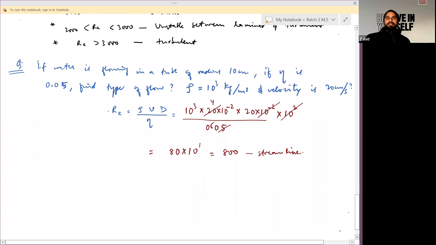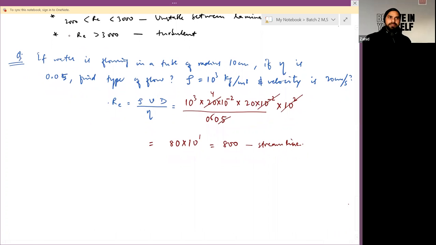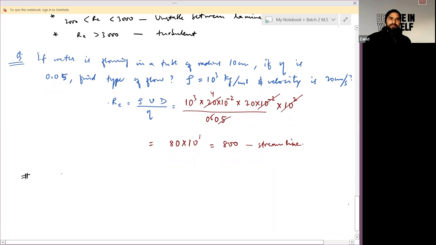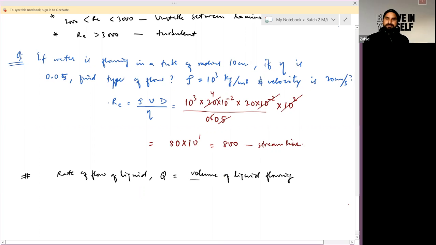Now there is some other relation to find the Reynolds number in some other way also. There's a quantity which is called the rate of flow of liquid, denoted by Q, equals volume of liquid flowing divided by time taken.